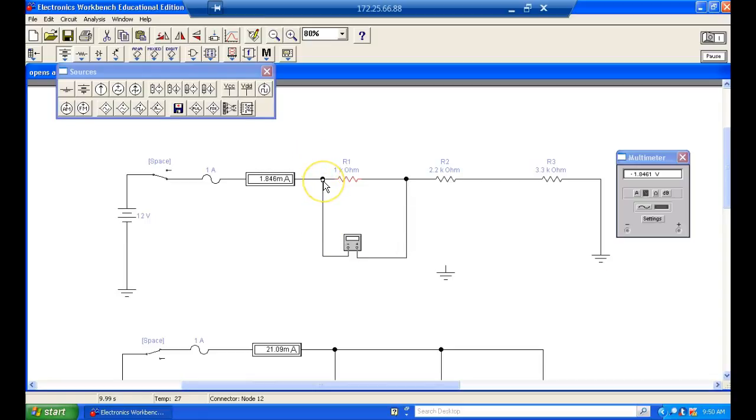So that's R1. R1's dropping 1.85 volts. There's no problem in our circuit. R2 is dropping 4.1 volts. And then R3 is dropping 6.1 volts.